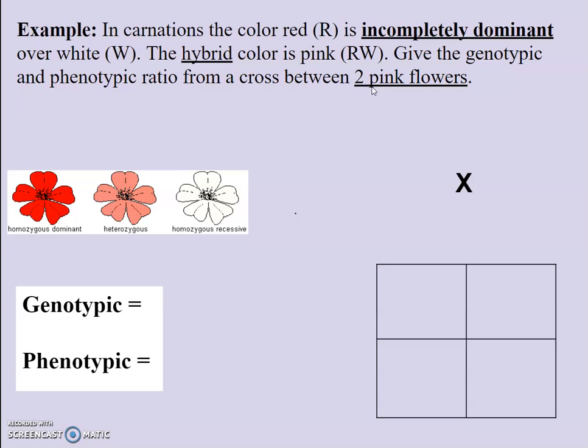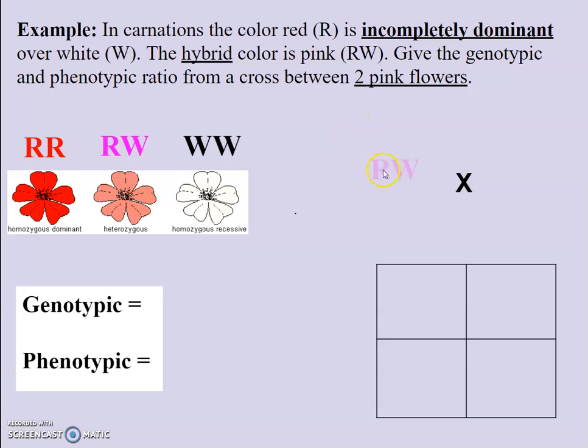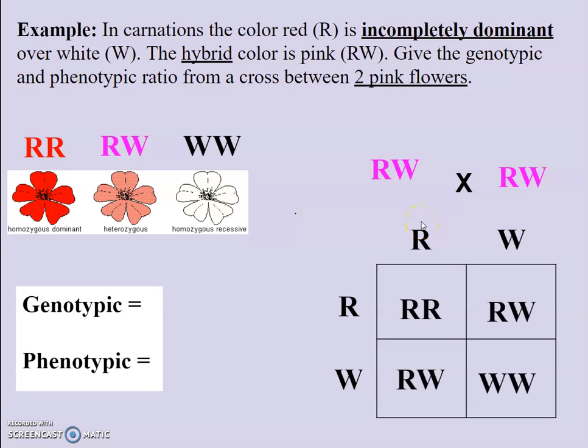The only way to create a pink flower is for them to have this RW genotype, so you're going to end up with an RW and an RW here. Again, our parents are RW times RW. Place them on the top and the side, and go ahead and fill out the Punnett square. Now I have the possible offspring inside my square.